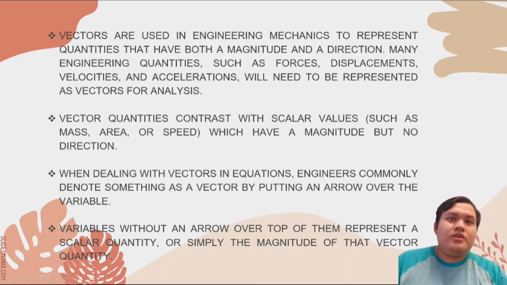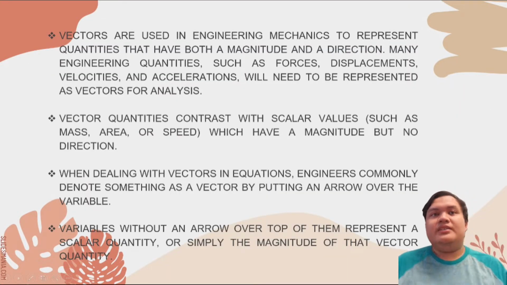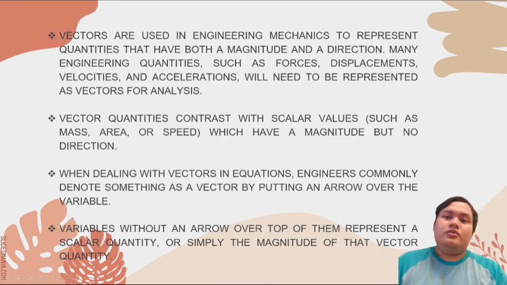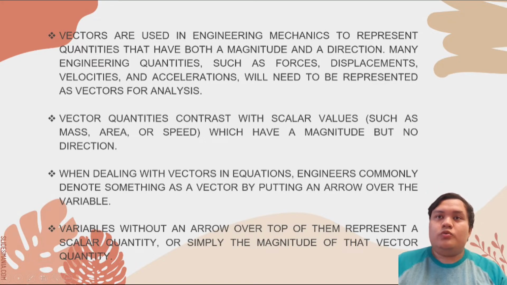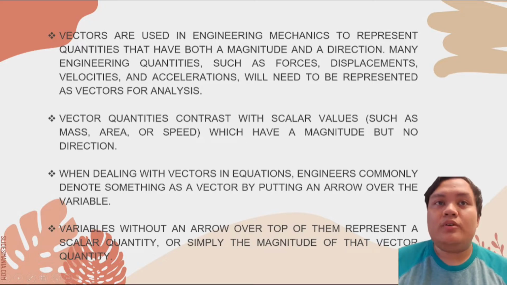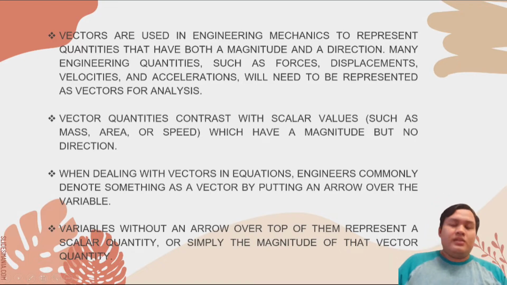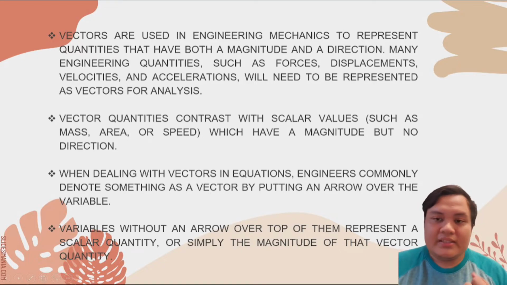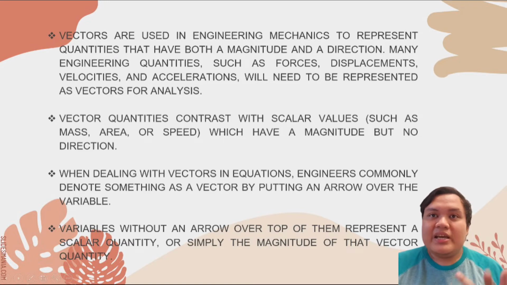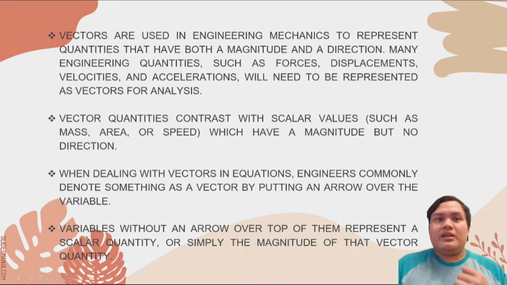Okay, for the conclusion of vector in engineering: vectors are used in engineering mechanics to represent quantities that have both magnitude and direction. Many engineering quantities such as forces, displacement, velocity and acceleration will need to be represented as vectors for analysis.